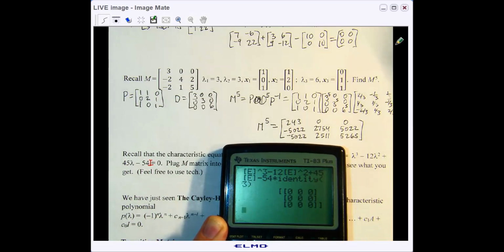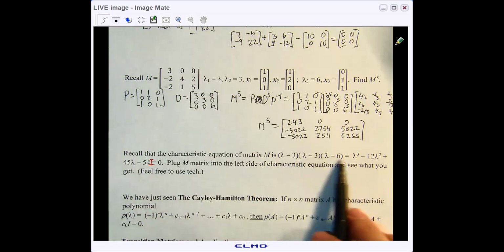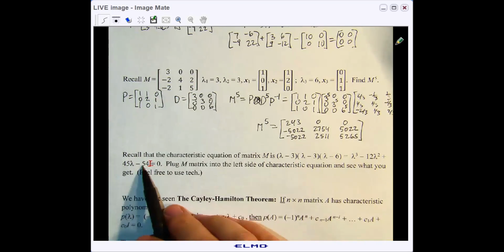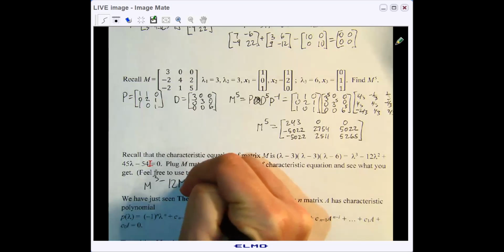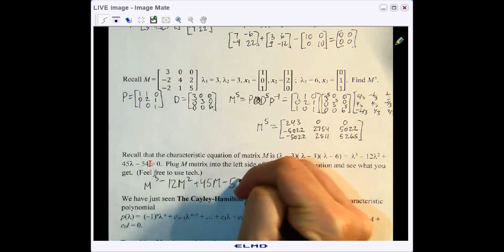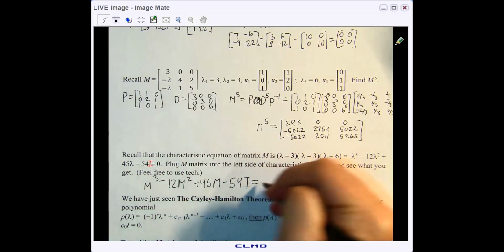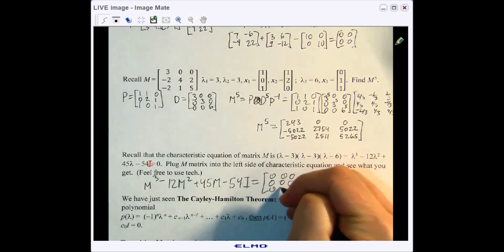And lo and behold, we get the 0 matrix, showing once again that the matrix satisfies its own characteristic equation. So m cubed minus 12m squared plus 45m minus 54 identity is the 0 matrix.